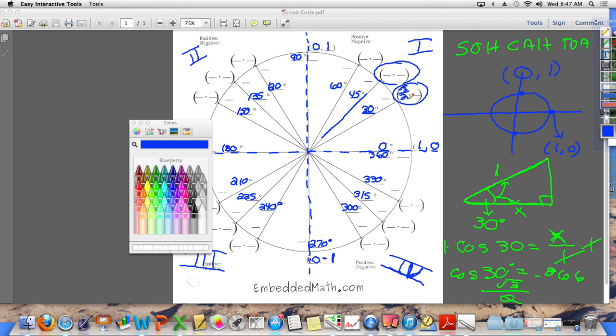And the reason is because right here in this circle, I have a right triangle that has a 90-degree angle down here. And right here we have a 30-degree angle.